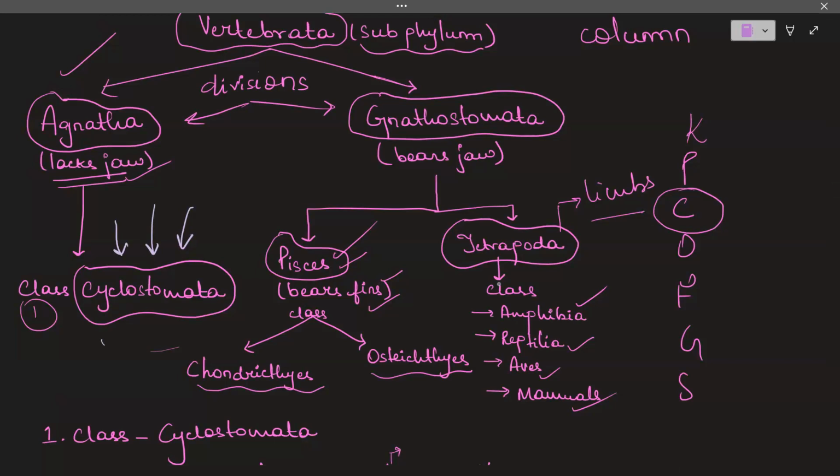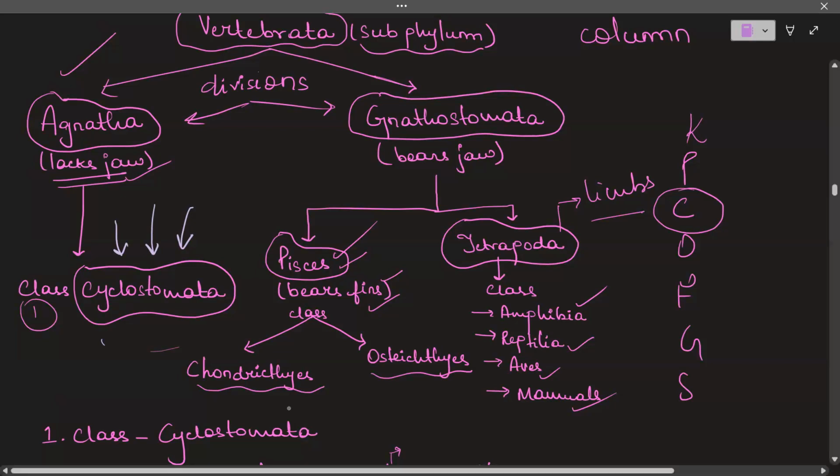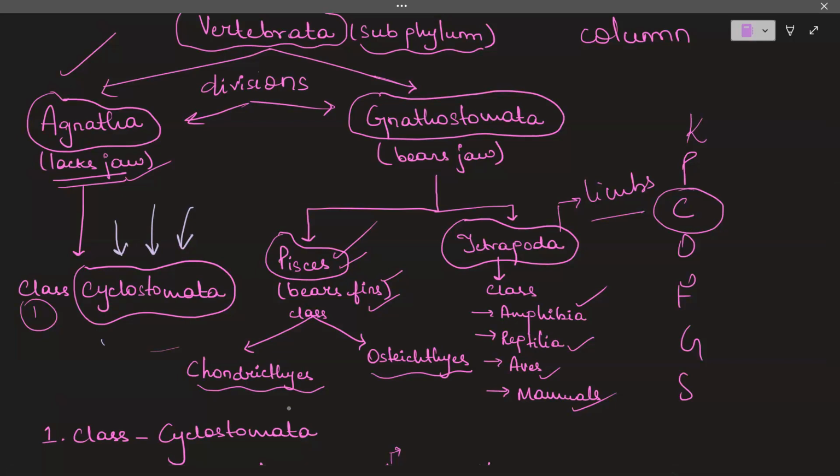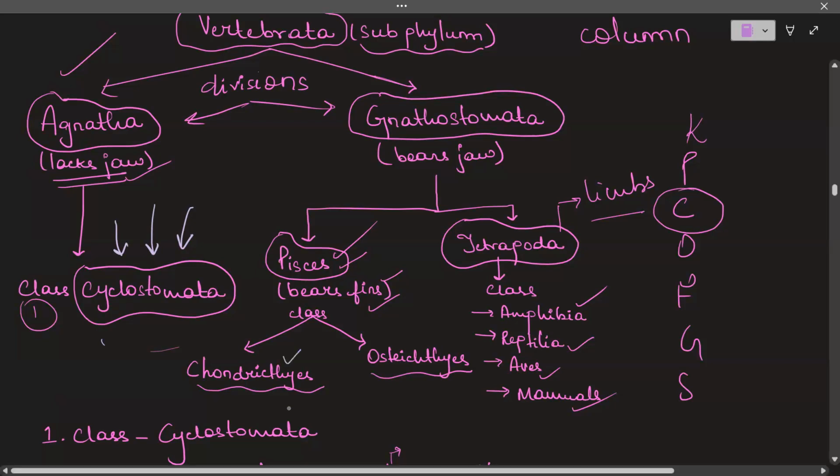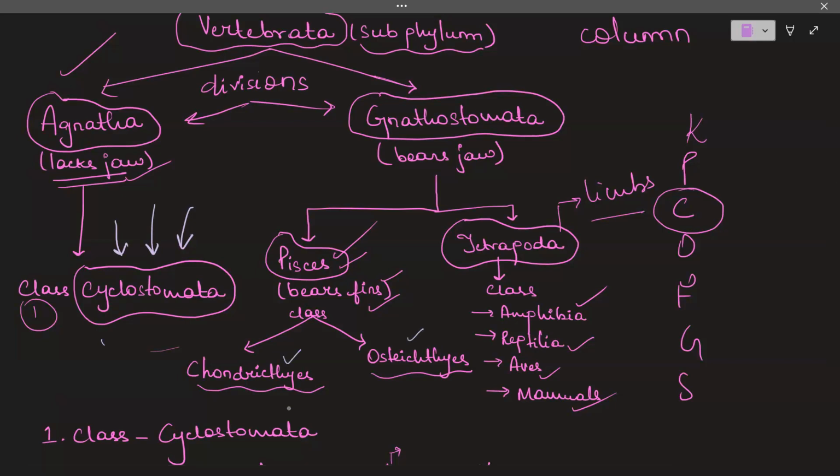Now, the gnathostomata, meaning those organisms that have a jaw, is of two types, Pisces and tetrapoda. Pisces includes all the fishes, such as chondrichthyes and osteichthyes, meaning the cartilaginous fishes and the bony fishes.